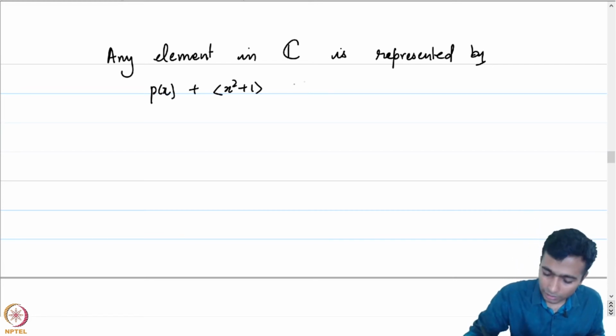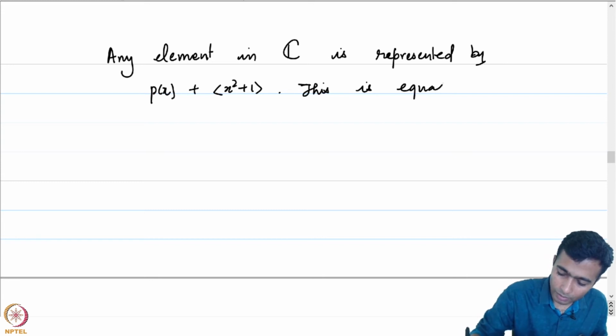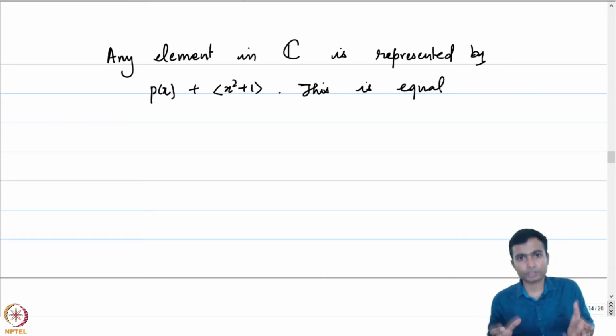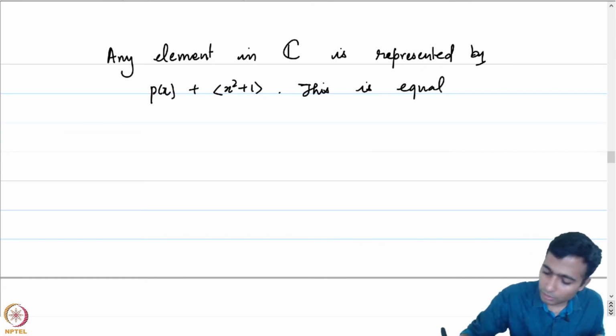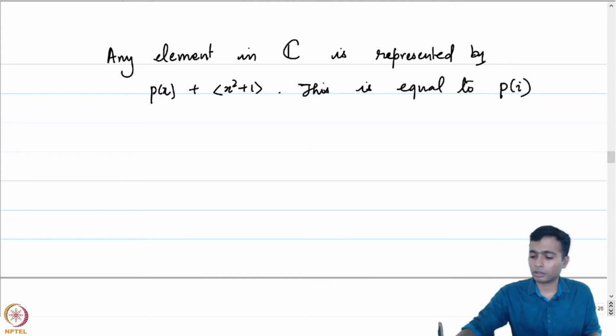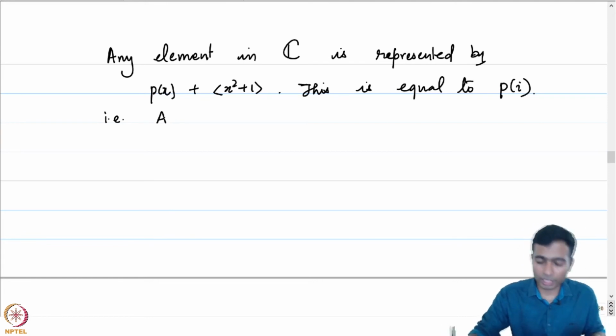But then this is equal to P of the coset representative of x, the polynomial expression of the coset representative of x. This is equal to P of I. That means any element, the coset representative of x is what we call I, right?